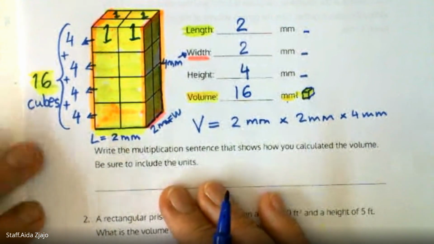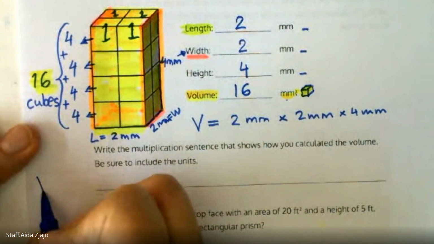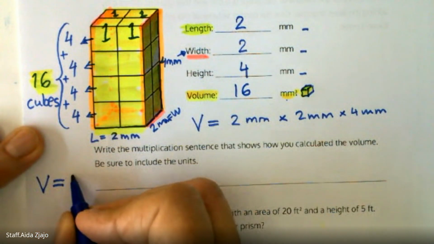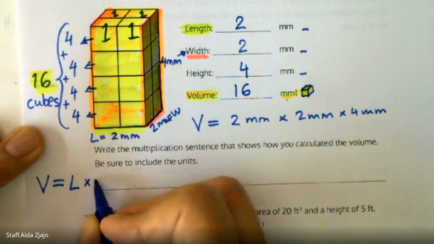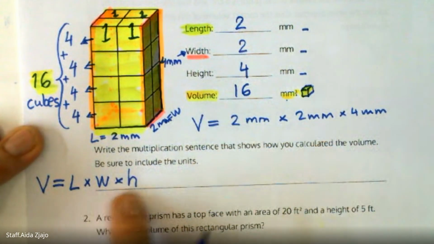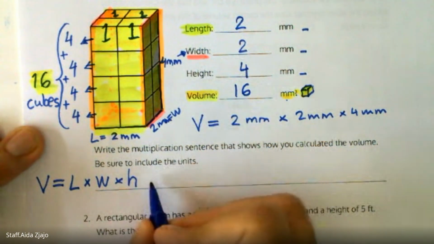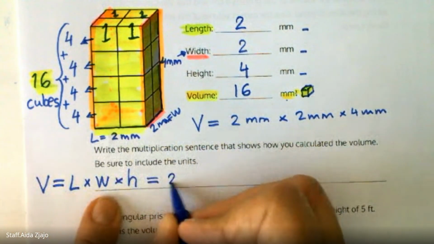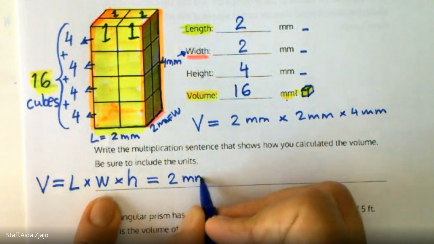All right, so that's the same. Let's start with the formula. Volume is the same as when you multiply the long side with the short side with the height, or length times width times height. Now, when you substitute L for the value, we have 2 millimeters.